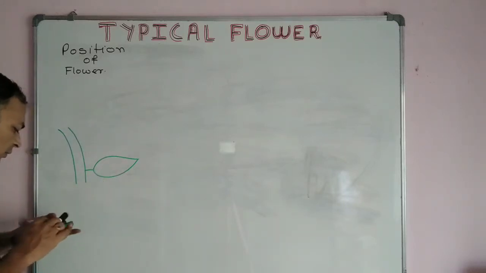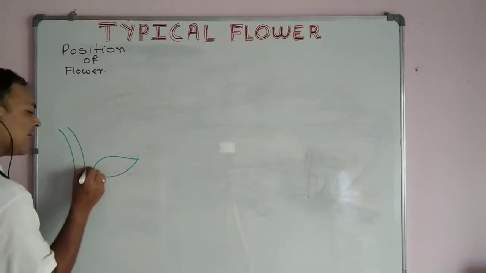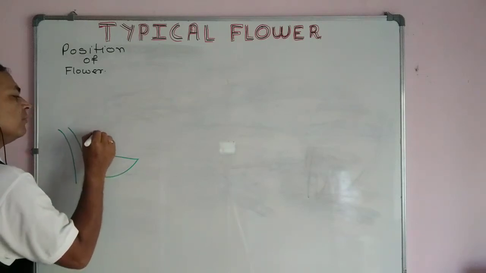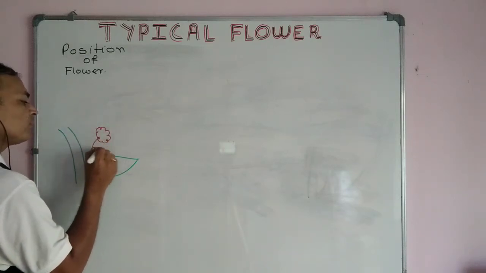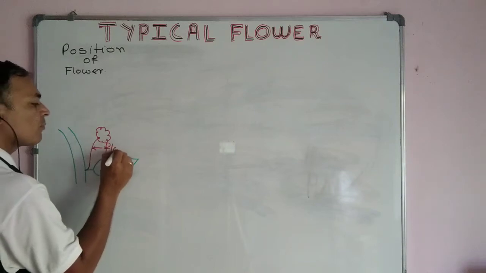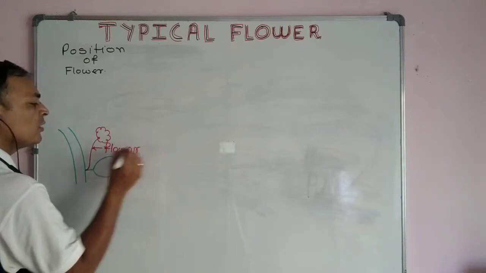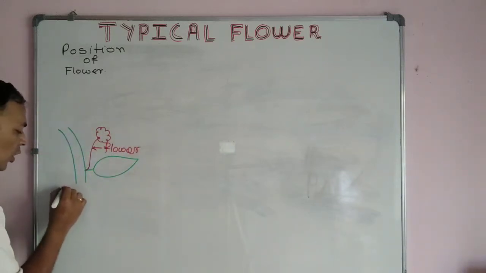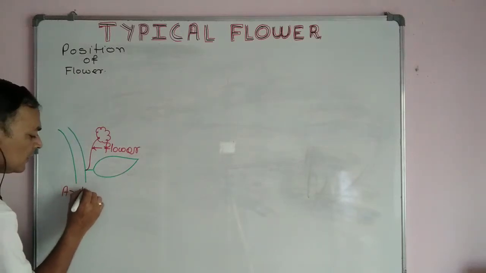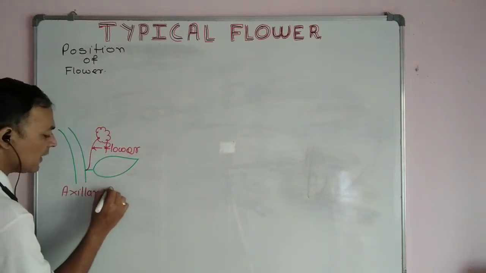If the flower is growing from the axil of a leaf, such a flower is called an axillary flower.